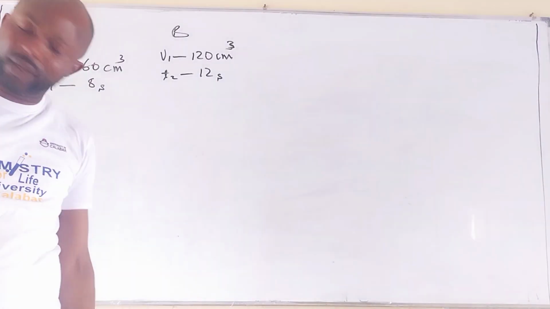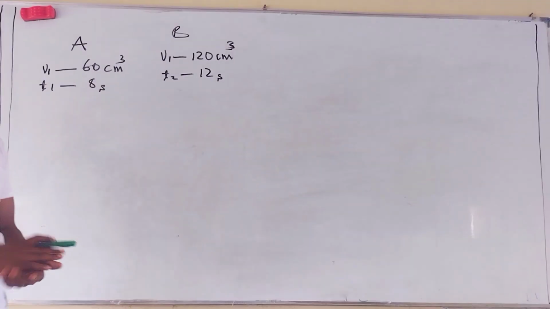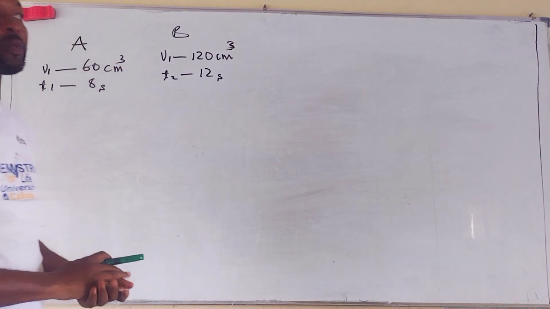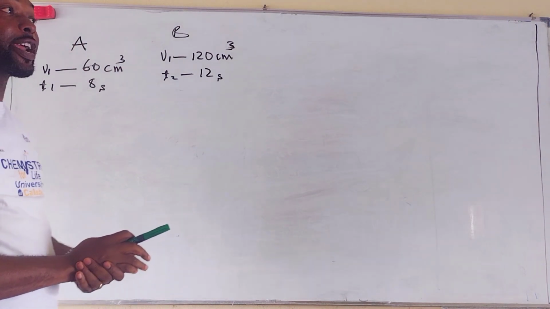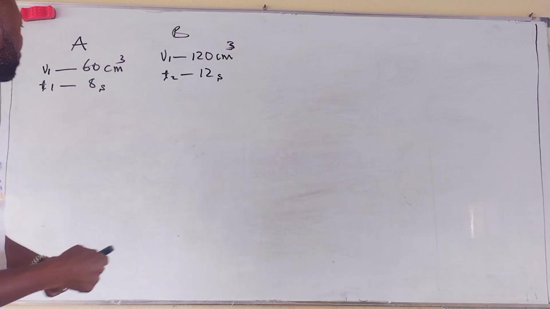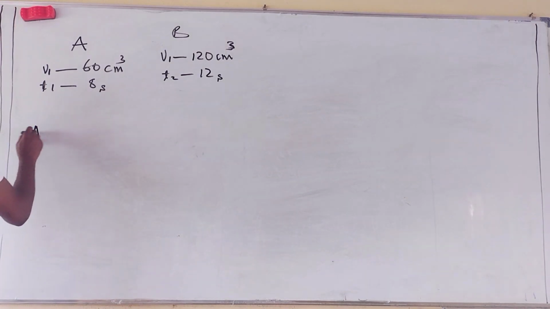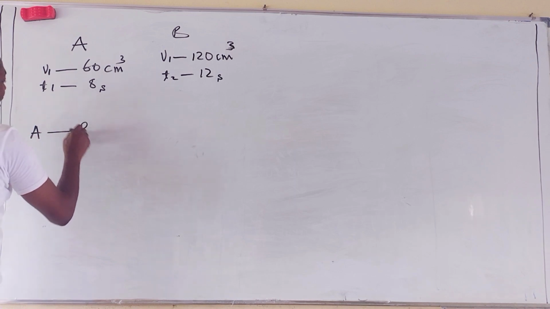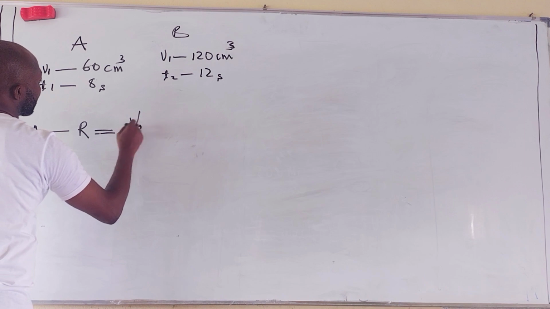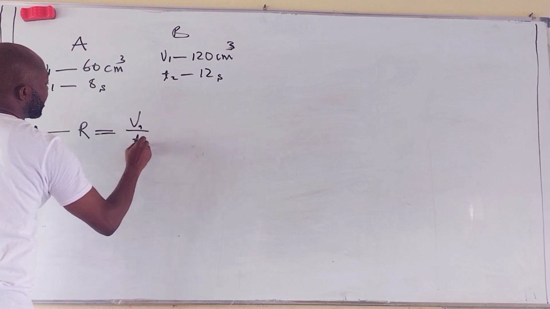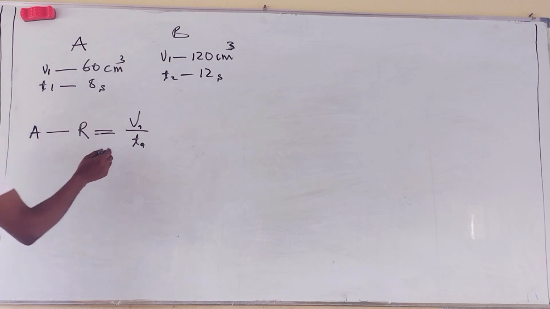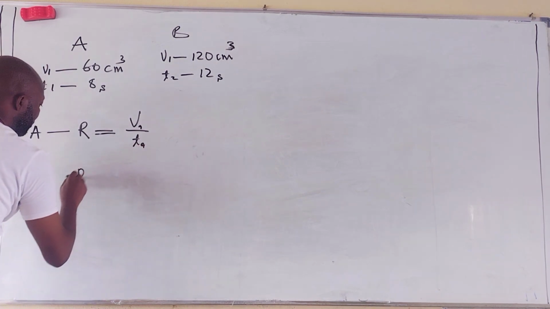This is interesting. The rate of diffusion of the two gases. Remember, I told us earlier in the formula section that rate is equal to volume over time. So I think this is where it comes in. Gas A rate is equal to V_A over T_A.